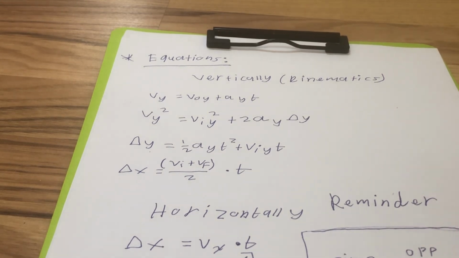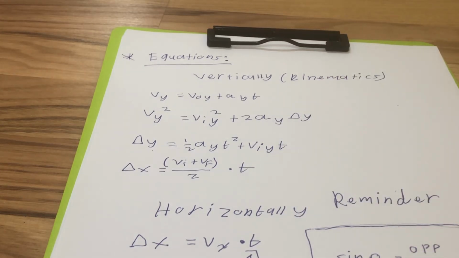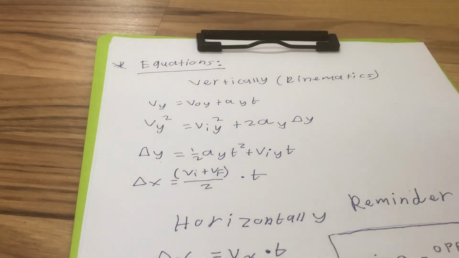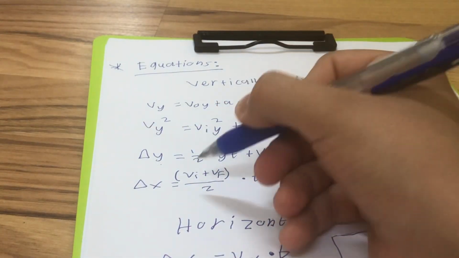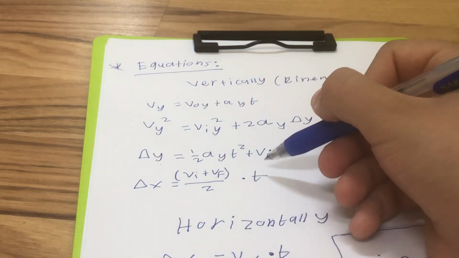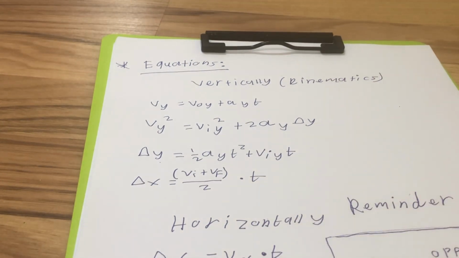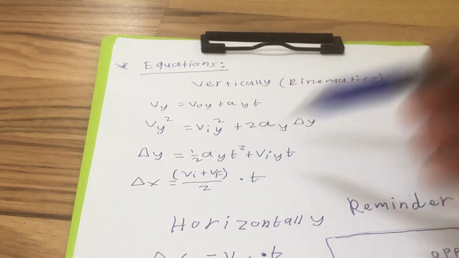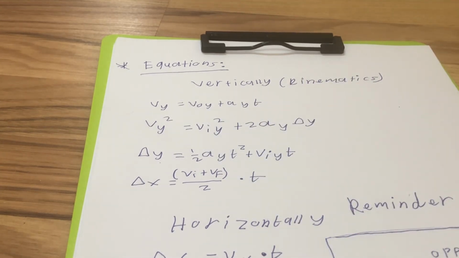Now the last formula is not included in this lesson, which is delta x, or displacement, equals the v initial plus v final divided by 2 multiplied by t. It's not included in this lesson, but I put it here to give you more ideas, to tell you that we just use this formula if we have a graph.